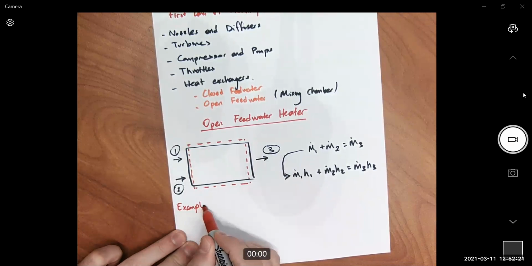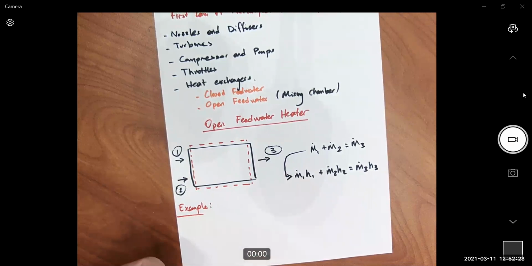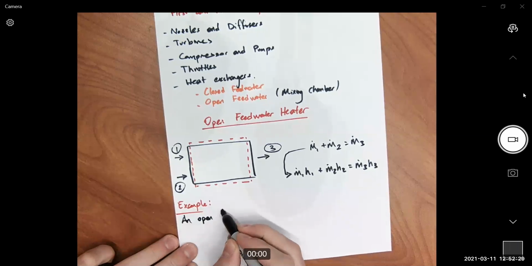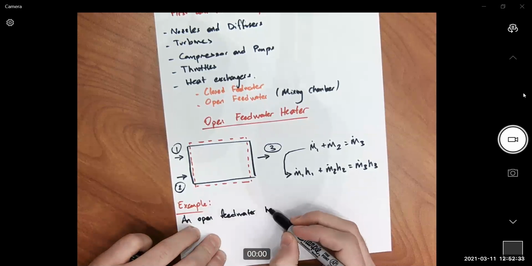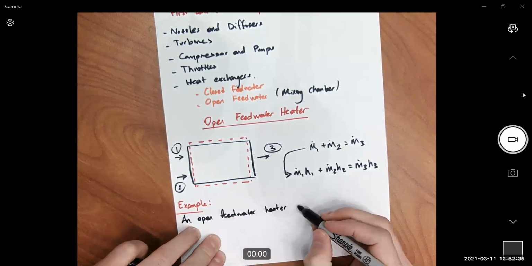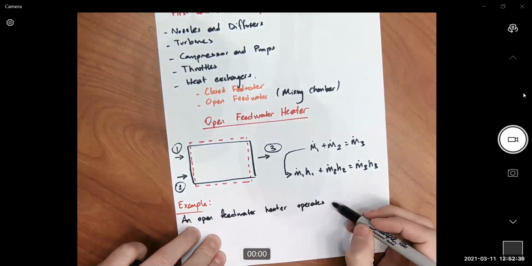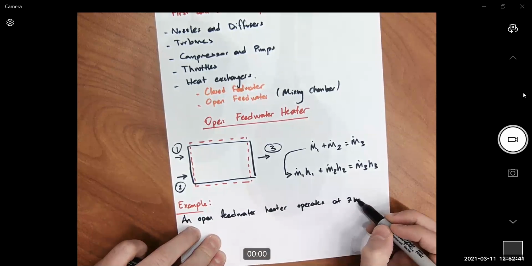Example. An open feed water heater operates at 7 bar.